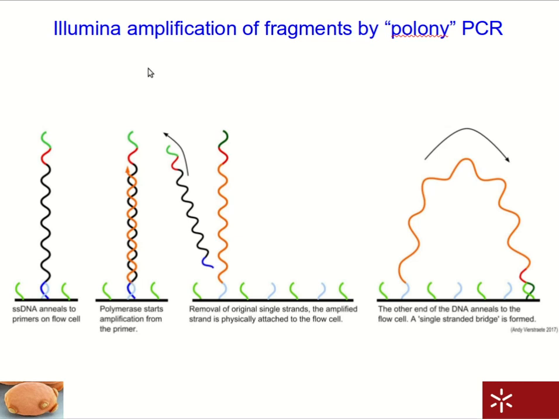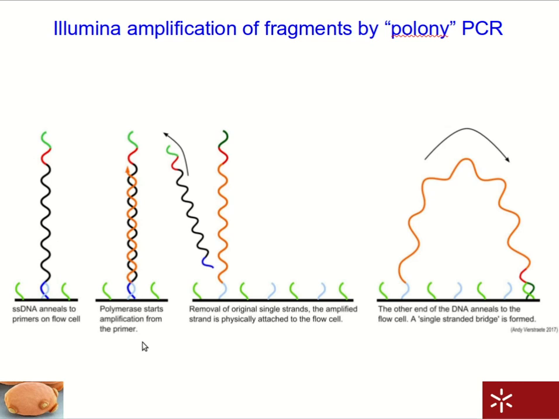In some parts Illumina sequencing is very similar. We have the same kind of fragments with two adapters, one on each end, but instead of a magnetic bead, we have a surface. Usually this is a glass surface, and instead of just one oligonucleotide on the surface, we have two different ones, chosen to be complementary to the adapters on each side.